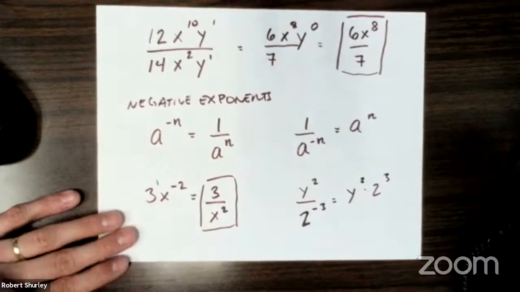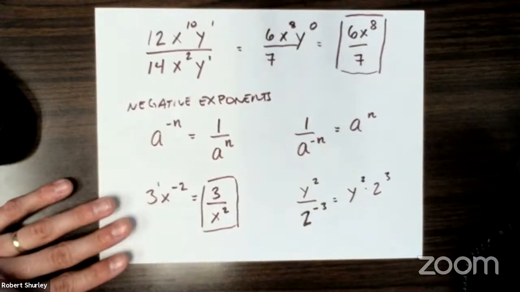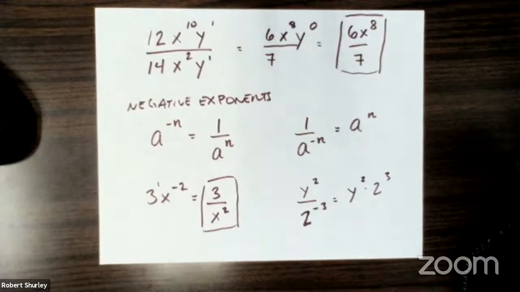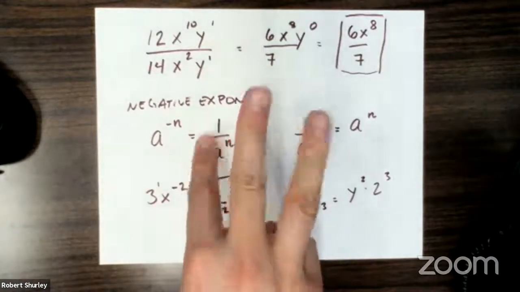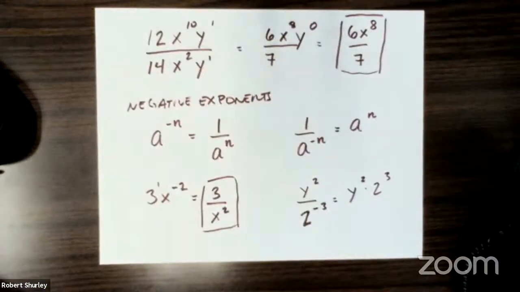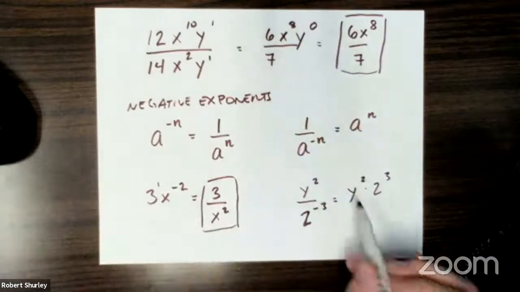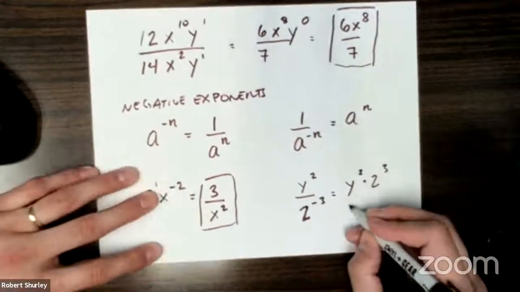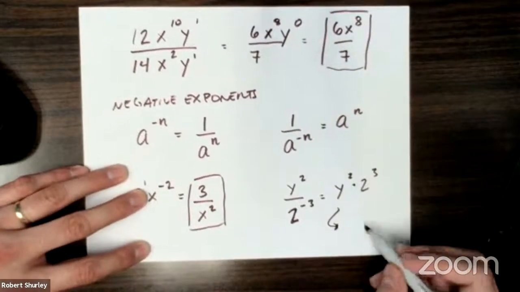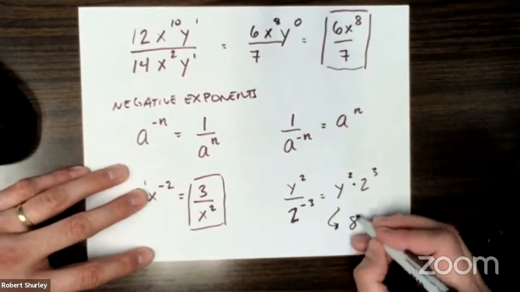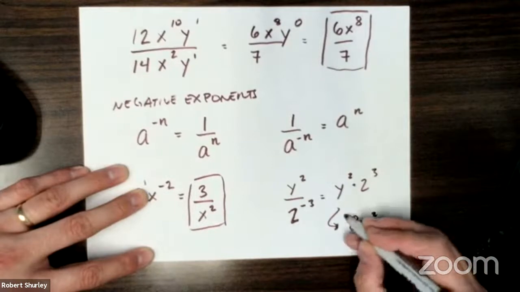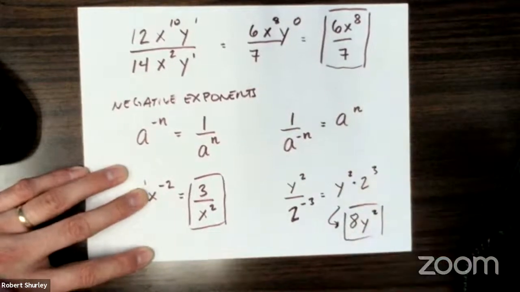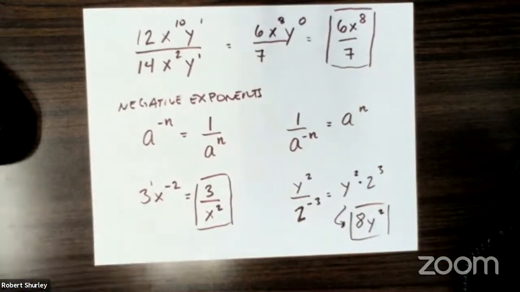And we know 2 to the third power: 2 times 2 is 4, times 2 is 8. We also write numbers in front of variables, so this is all being multiplied. So this winds up being 8y squared.